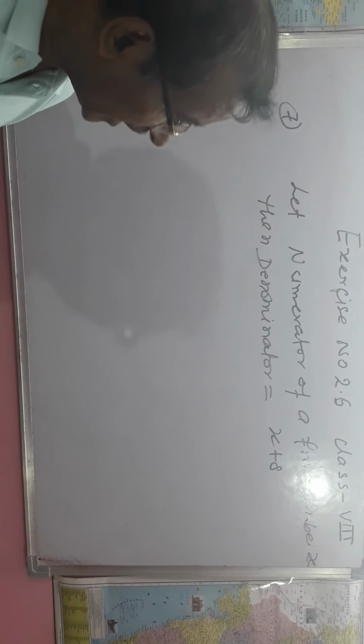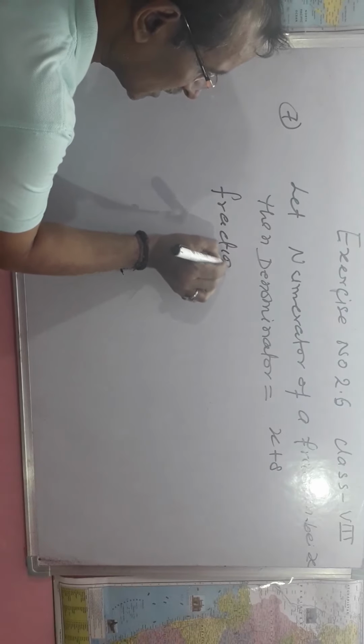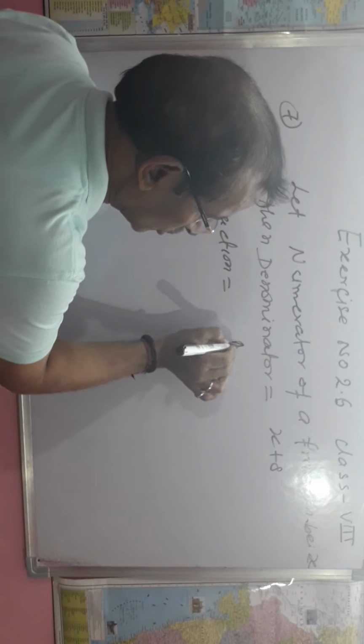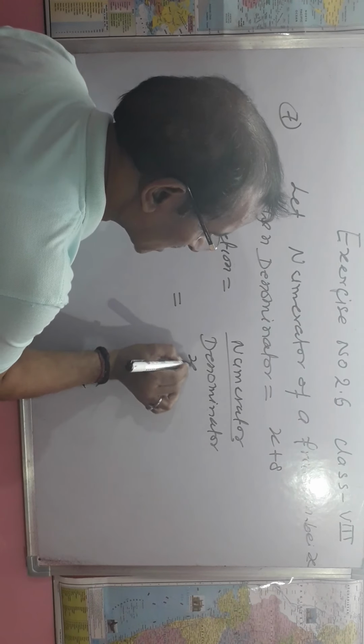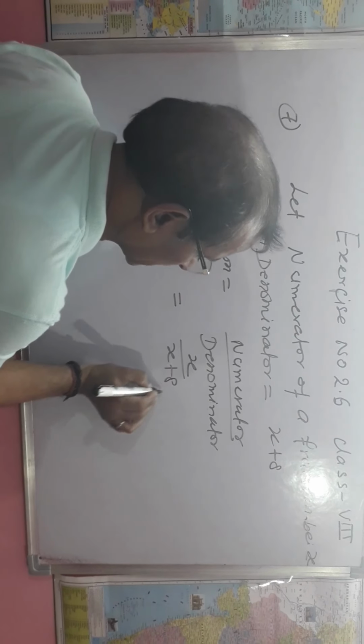Now fraction, how much fraction will be? Fraction is equal to numerator upon denominator, that is equal to x upon x plus 8.